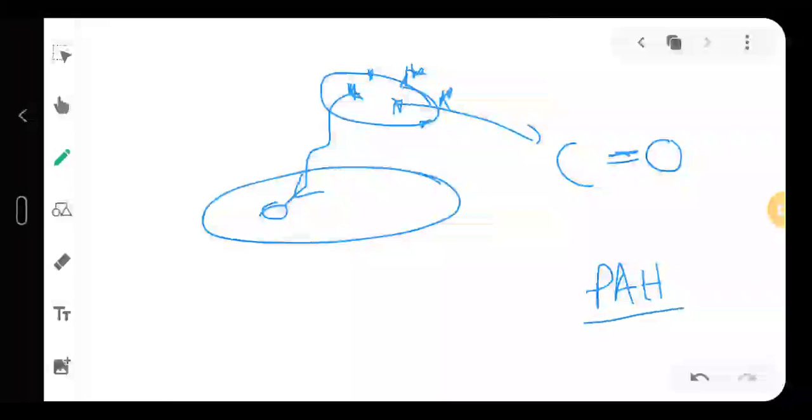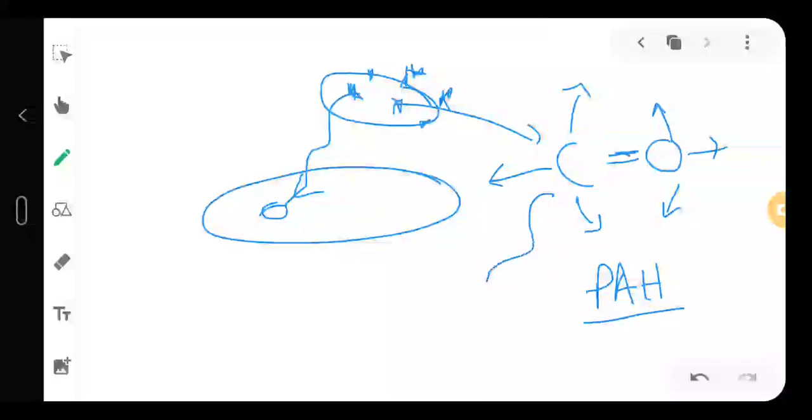Now in these cases these molecules vibrate, like oscillate back and forth. Also they oscillate in these directions. When they oscillate, we can measure how much energy they are releasing.